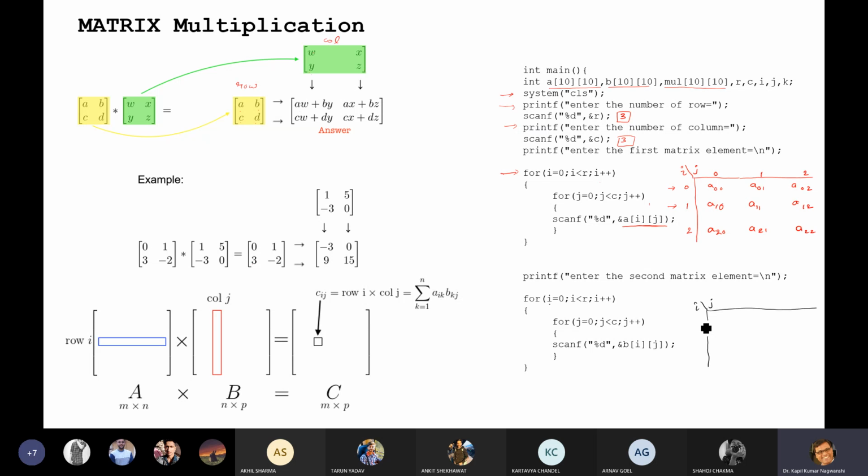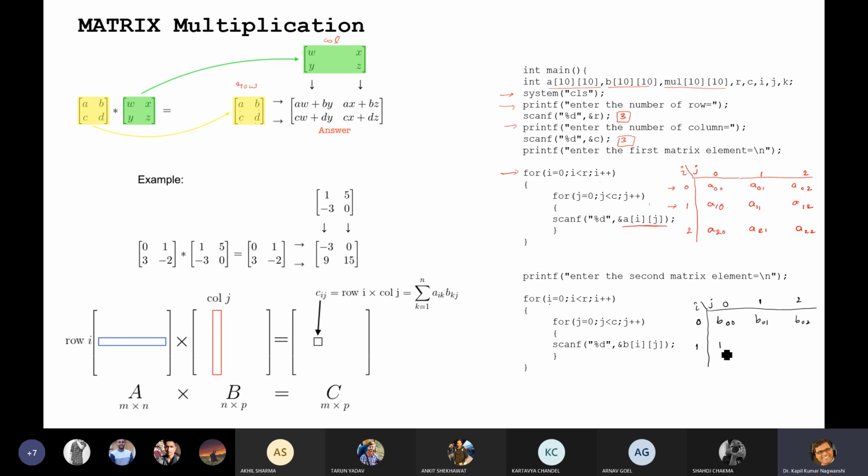The for loop with i equals 0 will be executed, and for j equals 0, what will be the element we need to use? 0, 0. Then j equals 1, then b01. Then j equals 2, b02. Now this loop will be exited and it will go to for loop number 1.